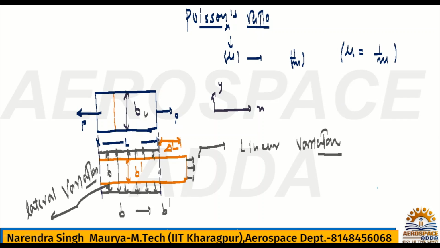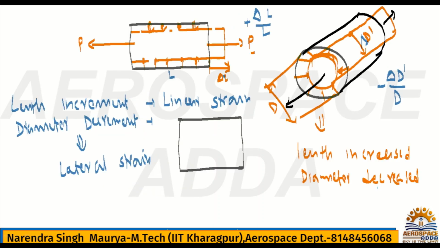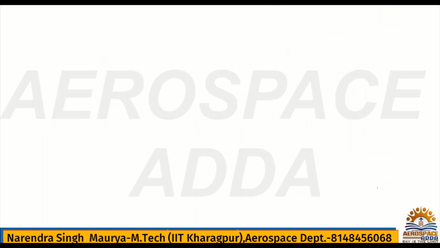Generally, if you go for the values, for most metals mu is 0.25 to 0.33.